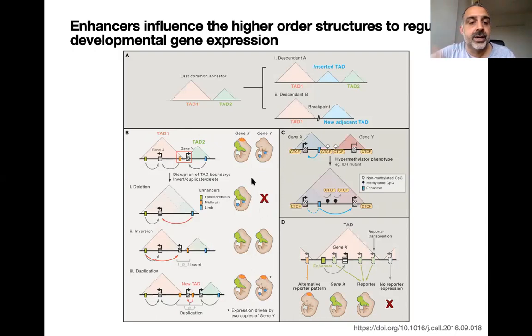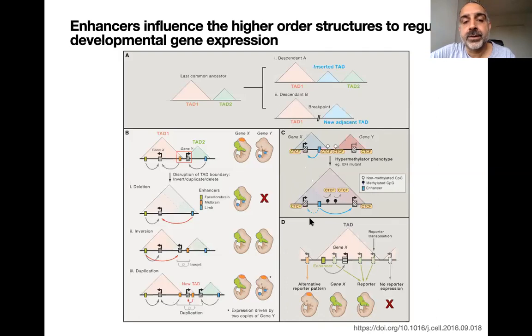It could also cause new sequences to arise, which will act as de novo regulatory sequences as well, and so on. Okay, and I don't really want to go into the details of this figure even more, because I want to encourage you to read this paper, or this review.